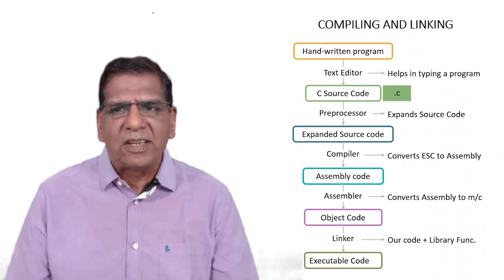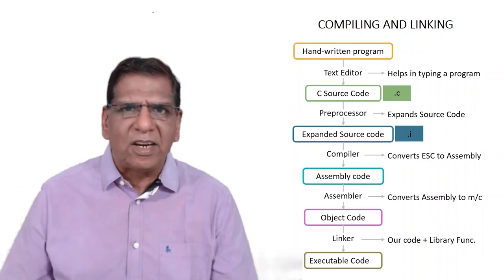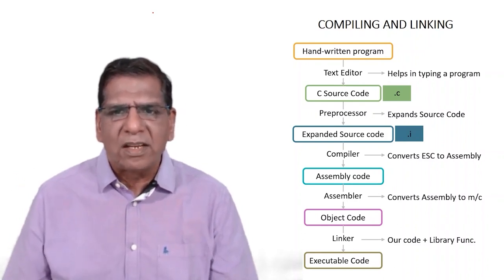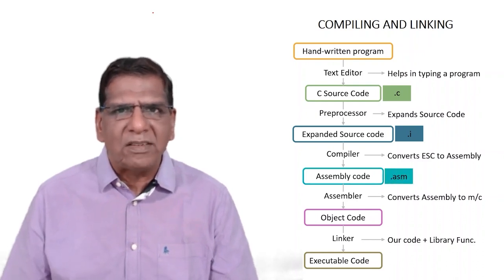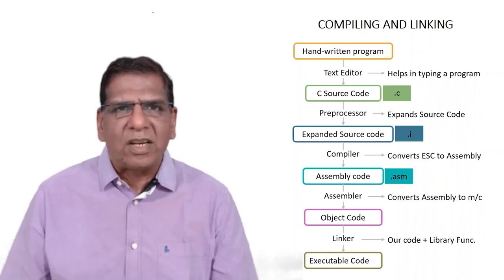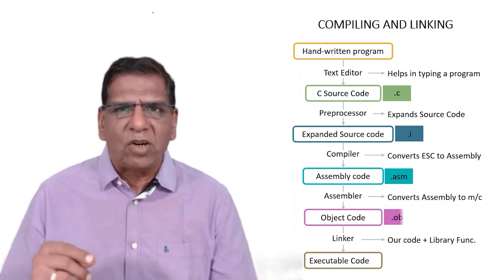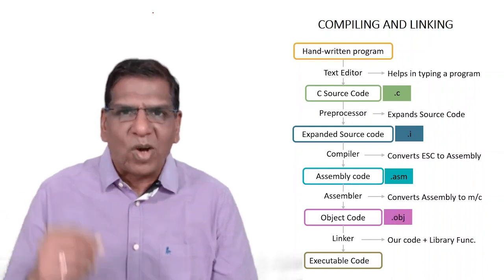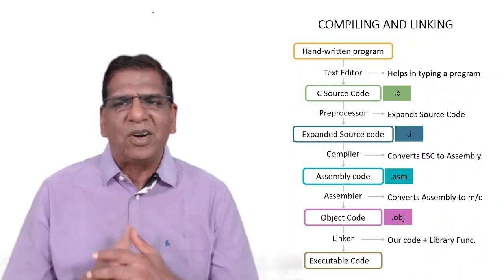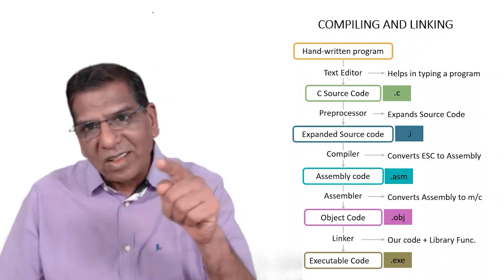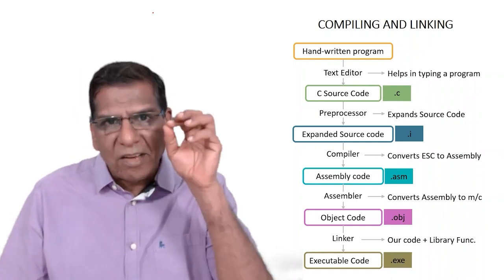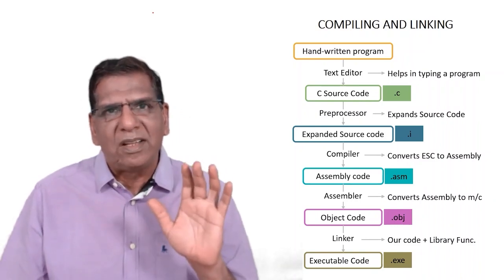It will usually have the extension .i. So pr1.c on expansion will get stored in pr1.i, which on compilation will get stored in pr1.asm, which on assembly will get stored in pr1.obj, which on linking will get stored in pr1.exe. So all these different files get created for every single program that you build.